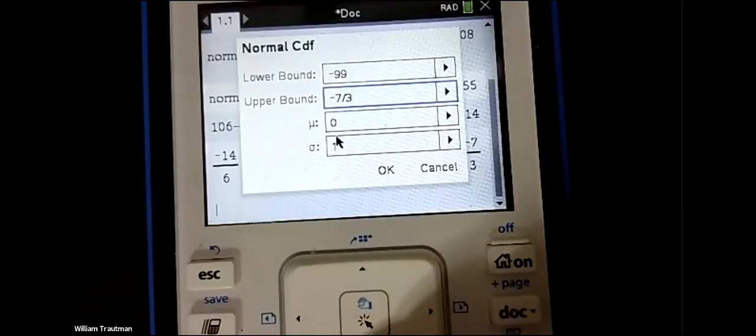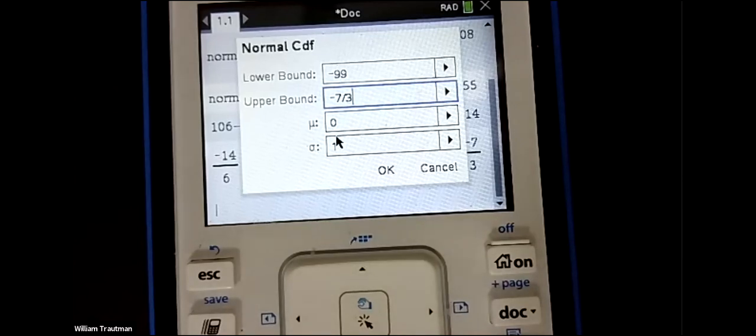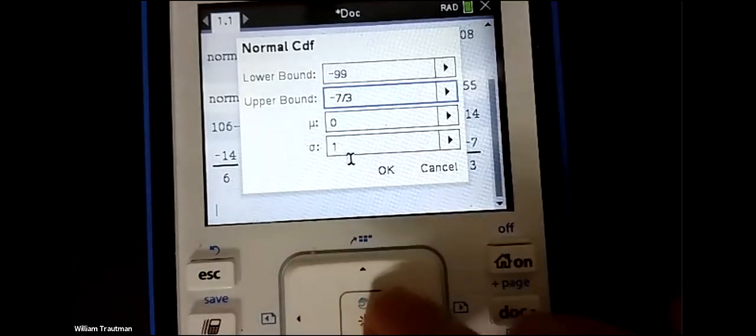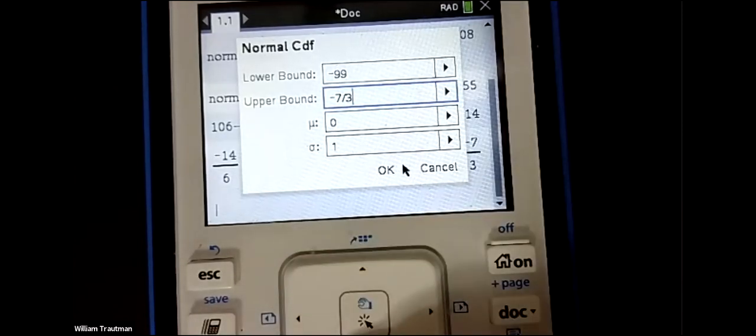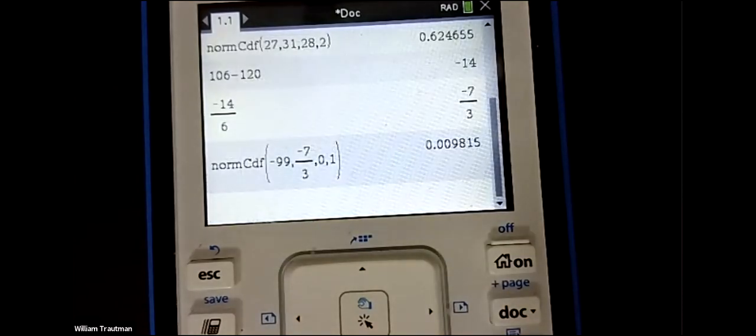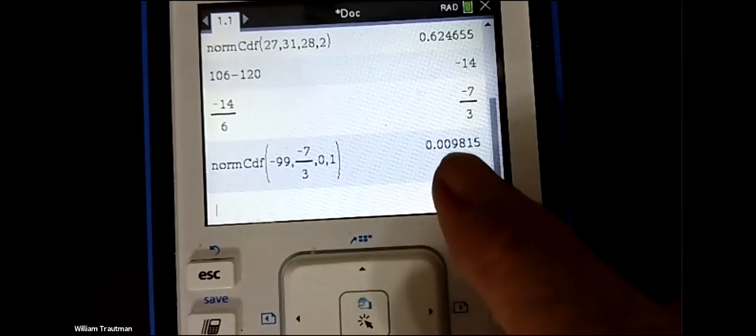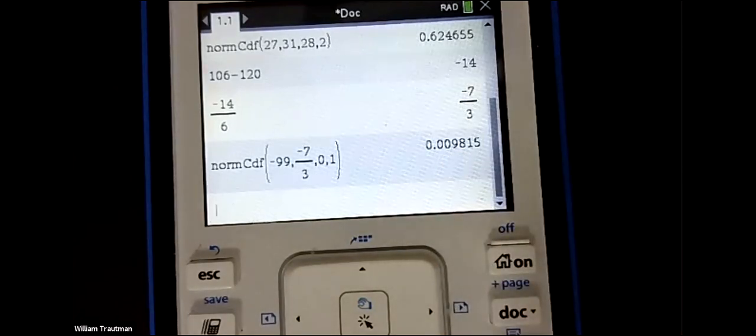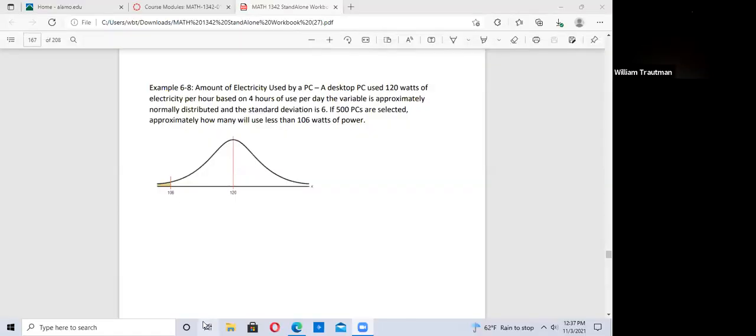Yes, I think that's right. So we use Z values. If we use Z values, mean has to be 0, standard deviation has to be 1. And there is the percent shaded in. It's a very small percent, not even 1%, really close to 1%. And if you look, that's what it is. Very little is shaded in.